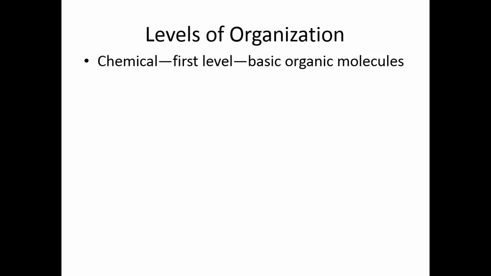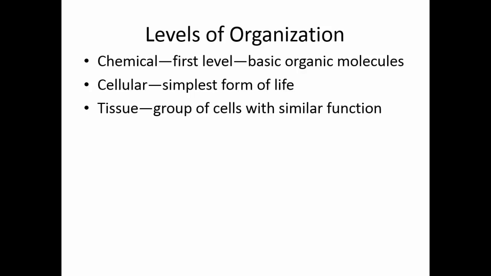All life forms are highly organized and are organized along the same levels. The first level of organization is the chemical level. All living things have certain basic organic molecules. These molecules come together to form cells. Cells are the simplest form of life. If cells begin to work together and have a common function, they form a tissue.